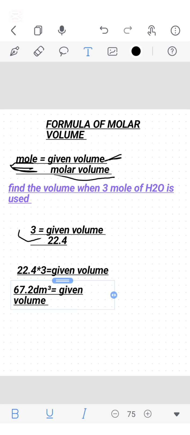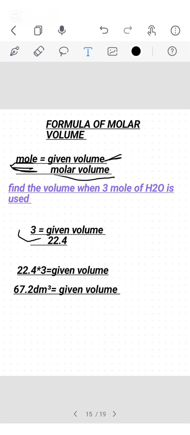So that is what our answer came to. You may see that we didn't find any H2O atomic mass. We directly attempted the question by applying 22.4 as the molar volume, as it was constant. So I hope it's clear to you.